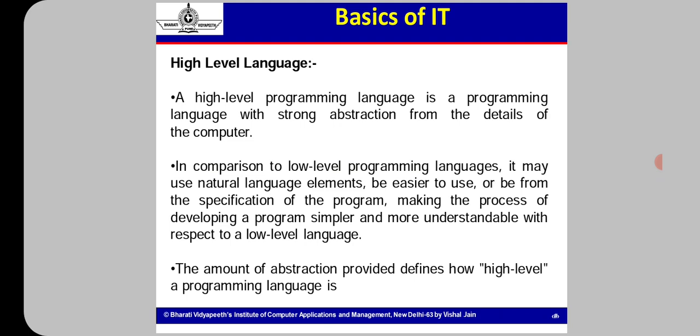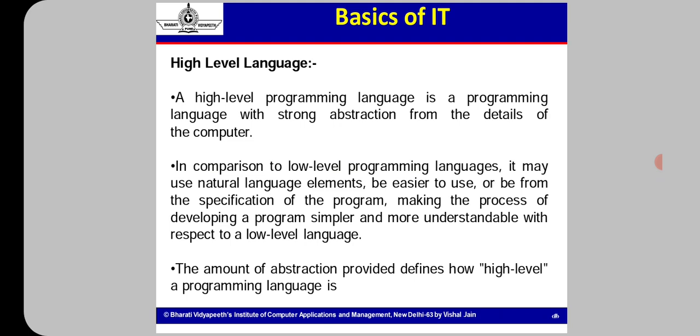So what are high level languages? High level languages are easy to use and easy to debug or modify, and they are also called strong programming languages. They are generally English-like languages, meaning in these languages we use day-to-day life words, and they also follow natural language instructions or commands.